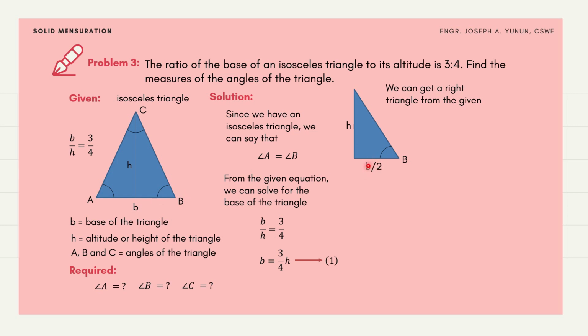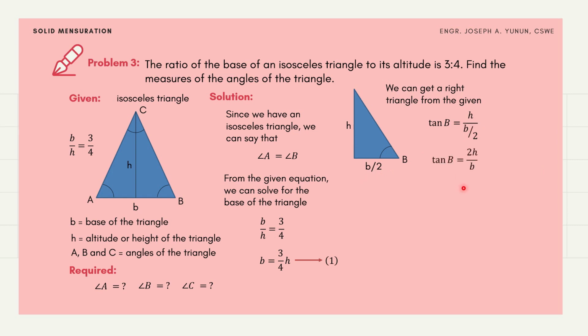What function should I use if I am given height or altitude and base? This is the opposite, and this is the adjacent side. So I could use a trigonometric function called tangent. Tangent of angle B is given as opposite over adjacent.